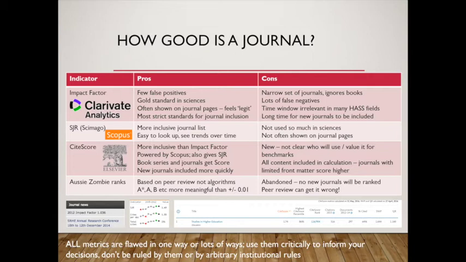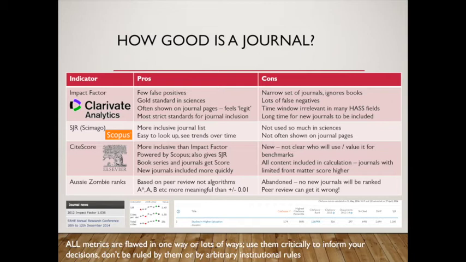The disadvantages here are it's new and it's not quite clear who will use it or value it as a benchmark, and it actually looks at all content in a journal rather than just the peer-reviewed content. So it might mean some false positives in that you get a higher score just because you don't have much editorial content or something like that.